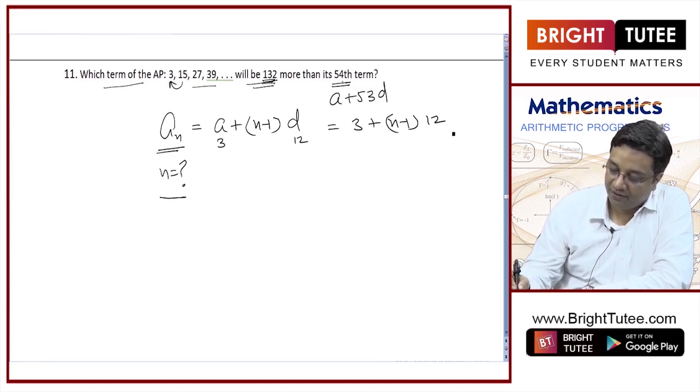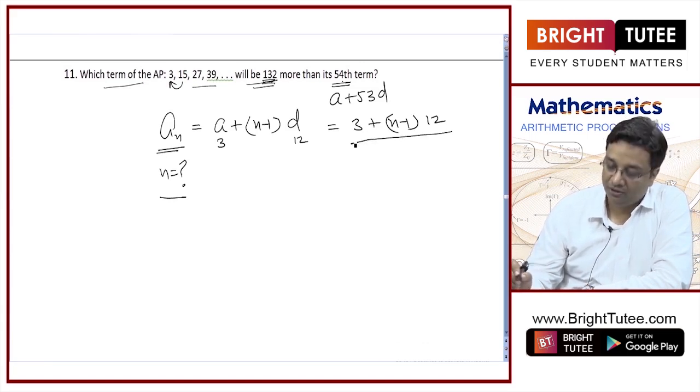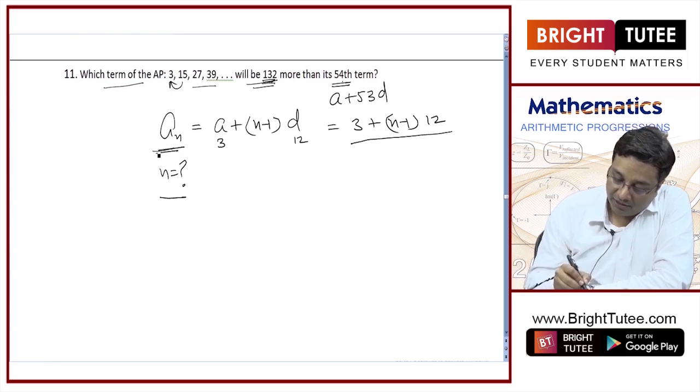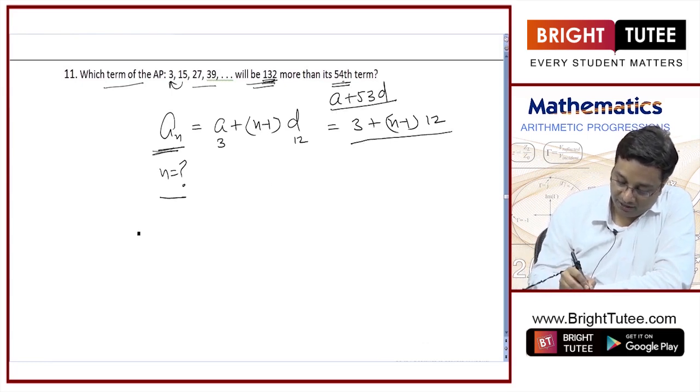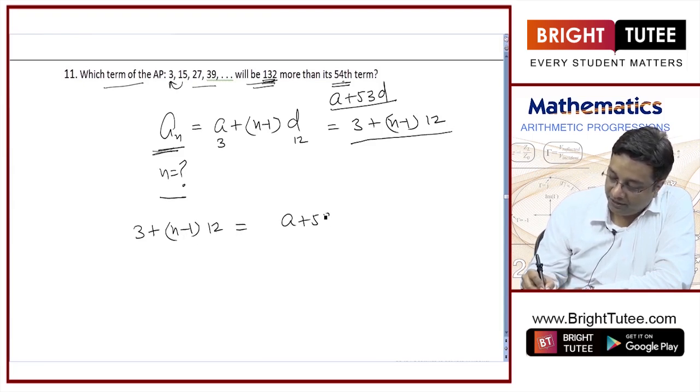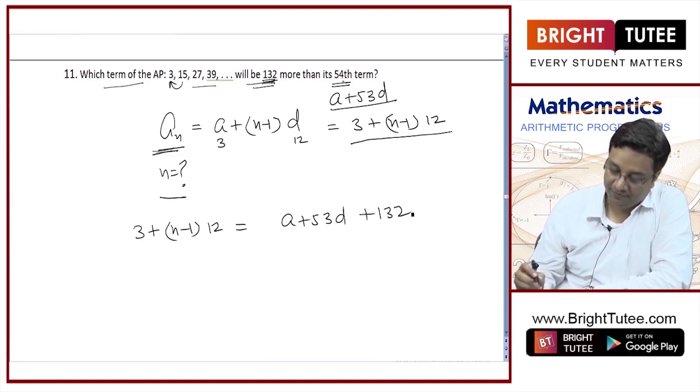Nth term is 3 plus n minus 1 into 12. So this term is 132 more than the 54th term? What is 54th term? A plus 53D. So 3 plus n minus 1 into 12 is equal to A plus 53D plus 132, right?